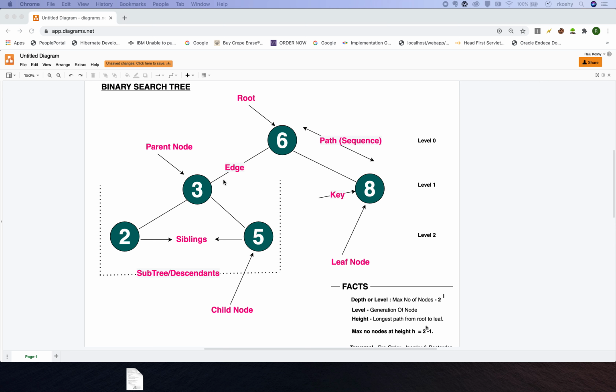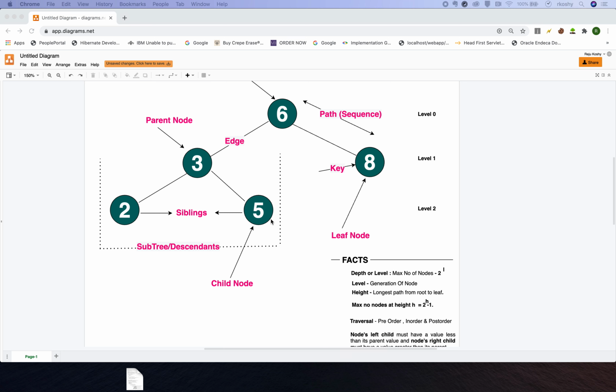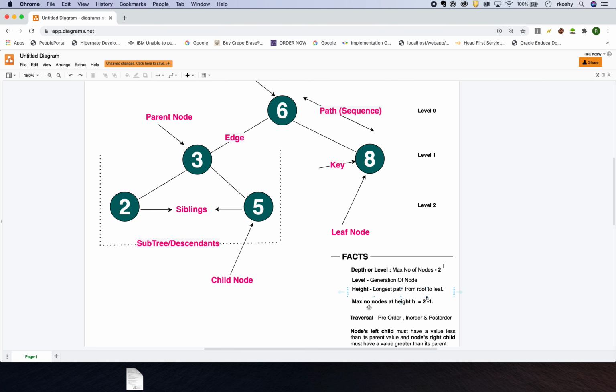Okay, so now you can also determine the maximum number of nodes at a given height. If you look at this equation here, the maximum number of nodes at a given height is 2 raised to h minus 1. So let us see the longest path. The height is 2, right? From 6 to 2 to the leaf node. From the root node to the leaf node, my longest path is determined as 2.